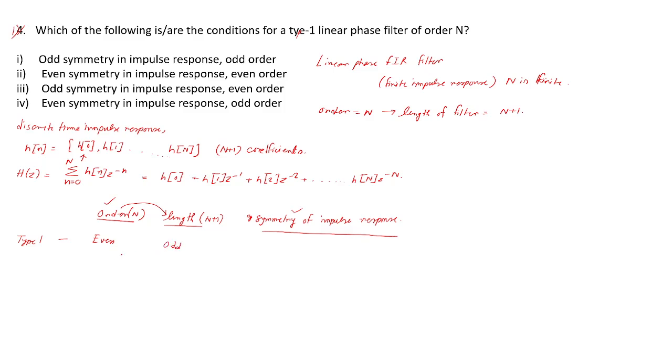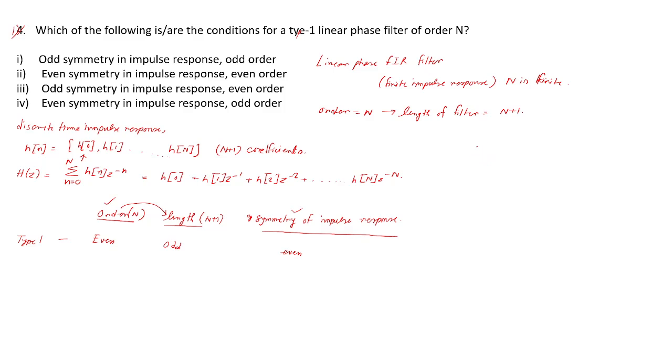You can see if N is even, N plus 1 is going to be odd, and the symmetry of the impulse response is even. Even symmetric basically means symmetric around the center point, at an intuitive level.